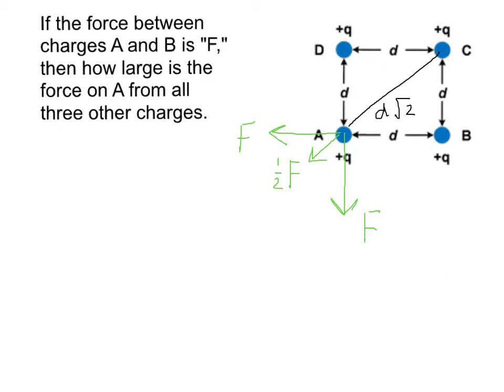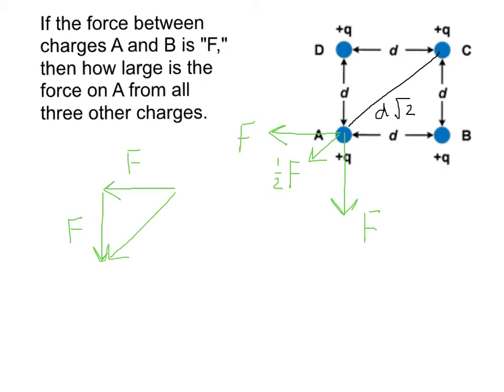Now the idea of superposition means that the force on charge A is just the vector sum of those three individual forces. So now if we arrange these in a logical fashion, what I would probably do is add the two perpendicular ones first, because that's going to form a nice right triangle, which is isosceles.